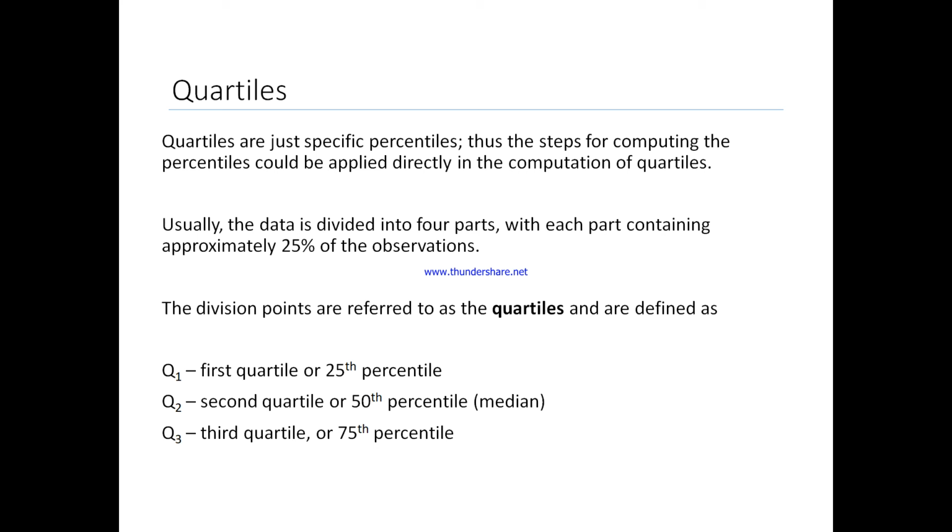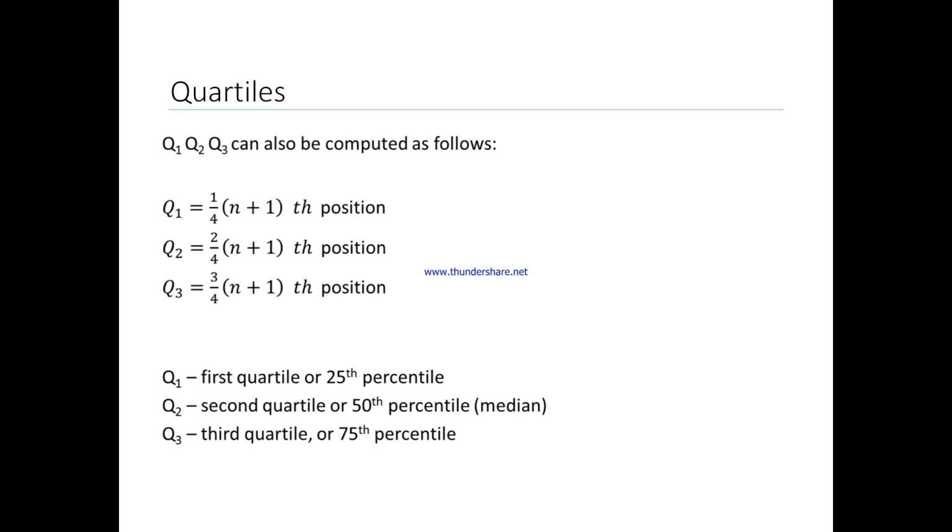When you take the second quartile, 50%, that is exactly half of the observations, are less than or equal to this value. So that is the value which is right in the middle. In other words, the second quartile, the 50th percentile, is the median value. When you take the third quartile, 75% of the observations are less than or equal to it.